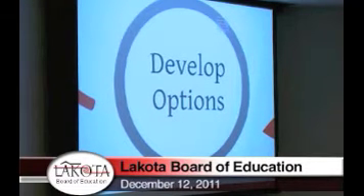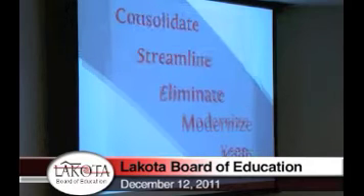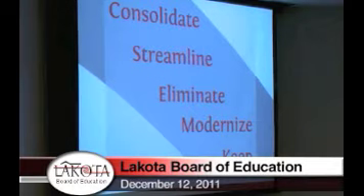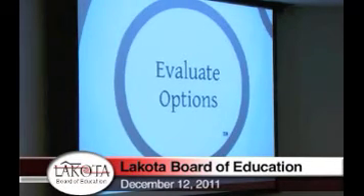We will be developing options. Those options, we are not at that point yet, but we will be looking at options once we know our cost. Where do we need to go? And then the last component in this circle is to evaluate. We'll be looking at whether to consolidate, streamline, modernize, eliminate, or keep.